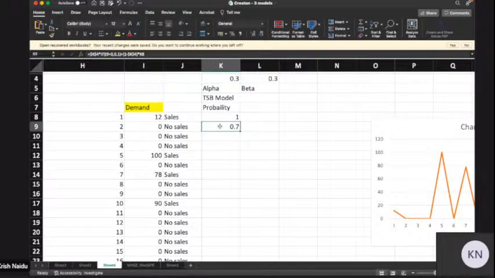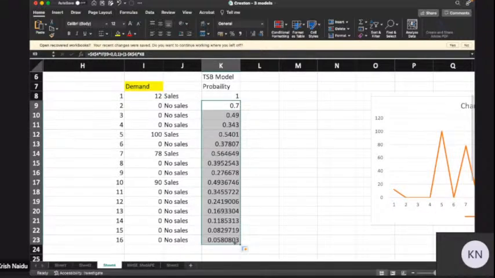So I'm getting a value of 0.7. This is what I'm using to predict my probabilities.